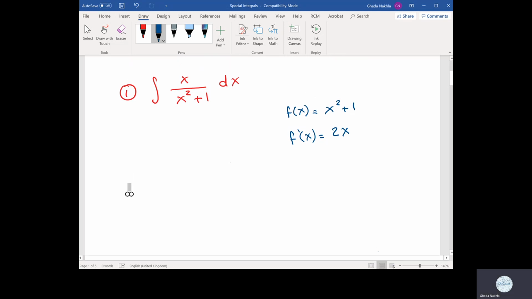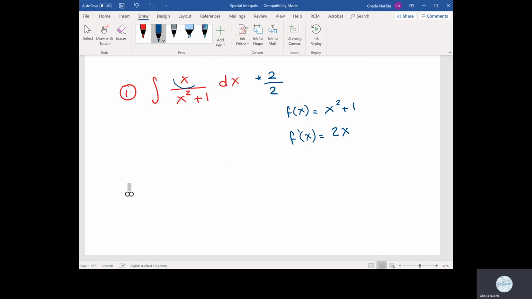Now let's take a look at the numerator, and I only have x. I don't have a 2x. So what do I actually do? I'm going to multiply by 2 over 2, which means 2 divided by 2 is 1. So I have multiplied my question by 1, and anything in mathematics multiplied by 1 stays the same.